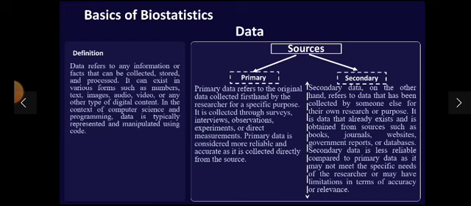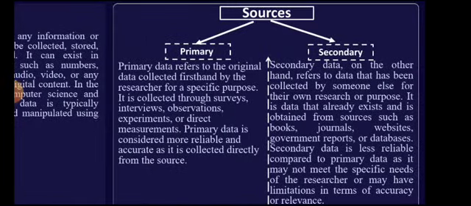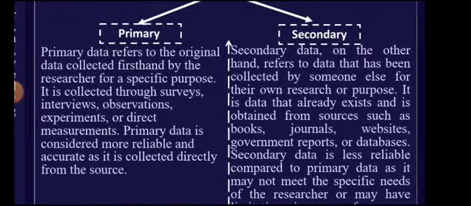Now let's look at data sources. There are two sources of data. You have the primary source and you have the secondary source. Now, the primary data refers to the original data collected firsthand by a researcher for a specific purpose. It is collected through surveys, interviews, observation, experiments, and direct measurement.